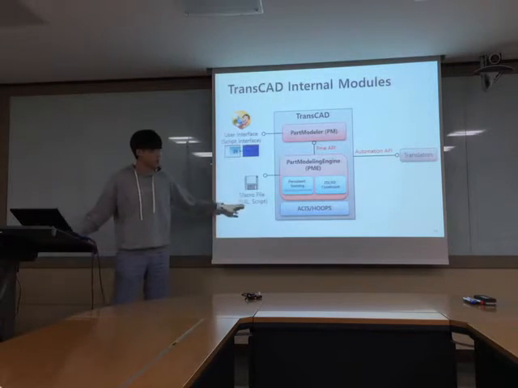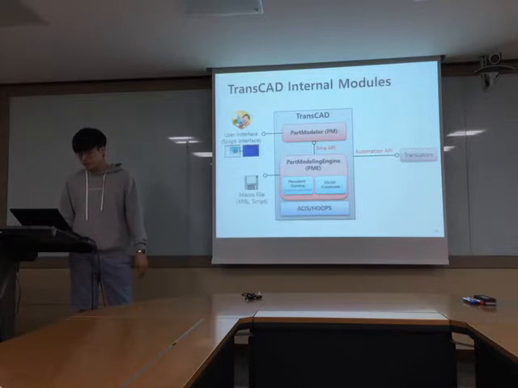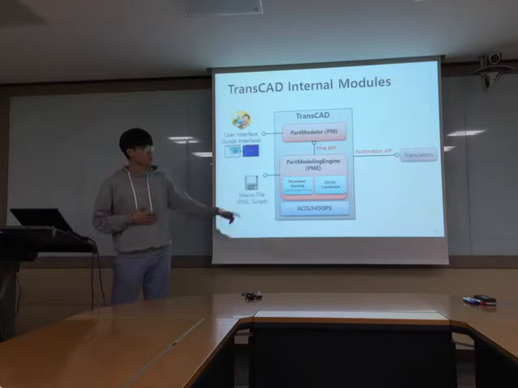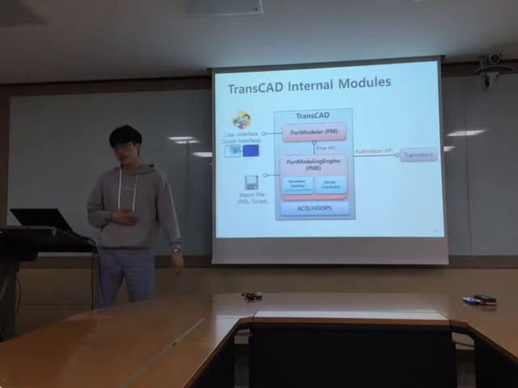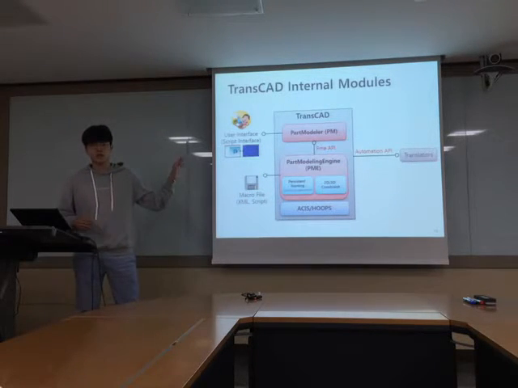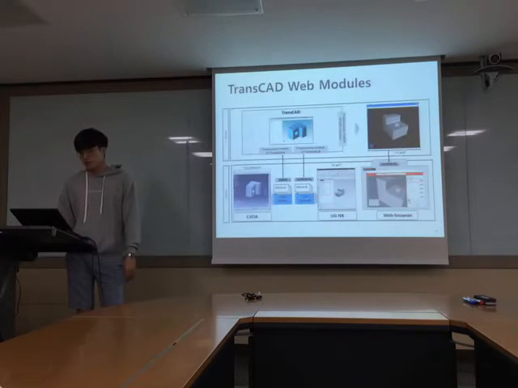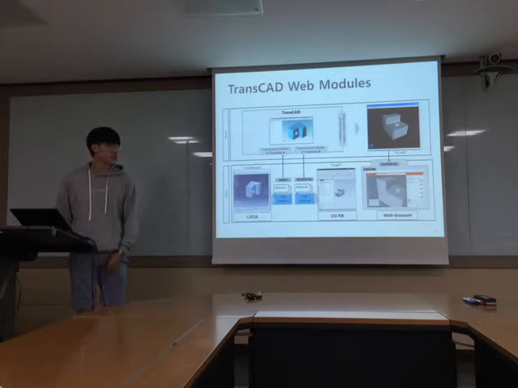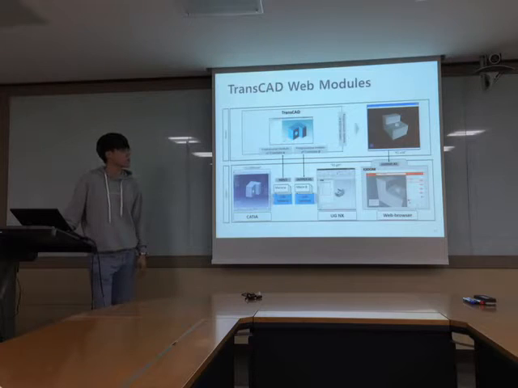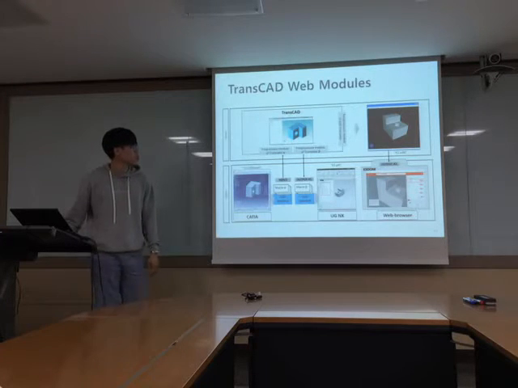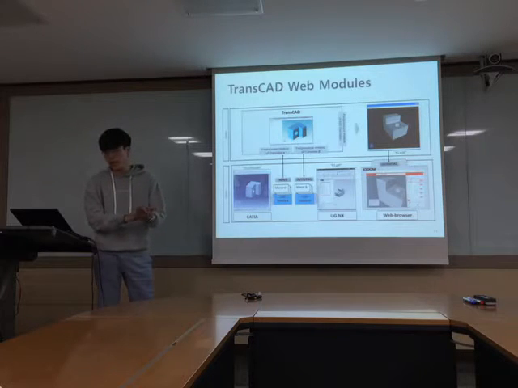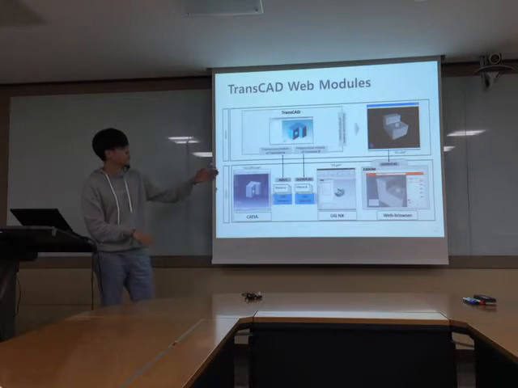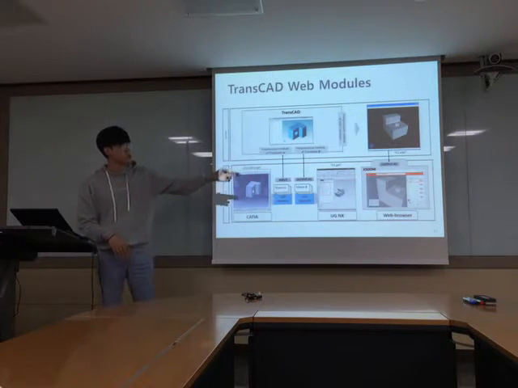As I said, it has a macro file. For developing translators, you can make use of the automation API provided by TransCAD itself. Recently we also developed TransCAD web modules. If you go to this homepage, you can check the translation and visualization on the web.